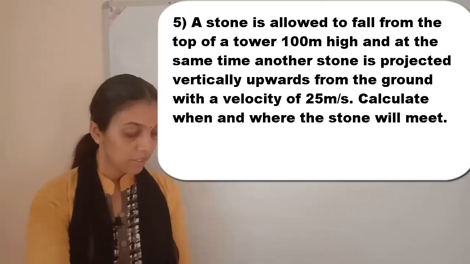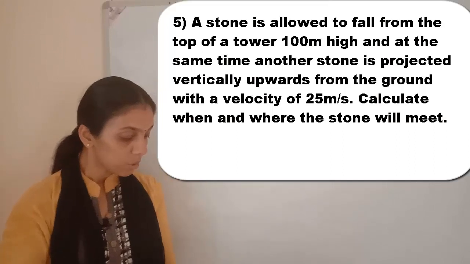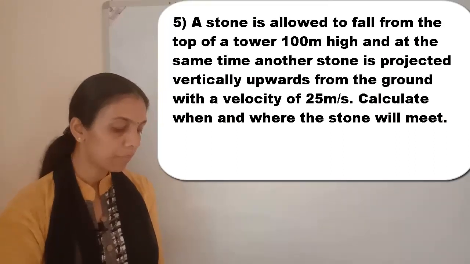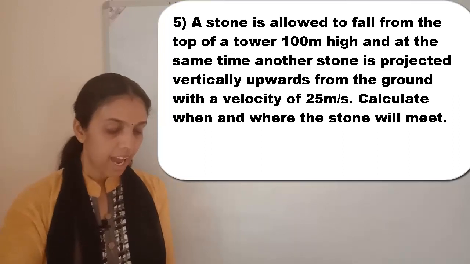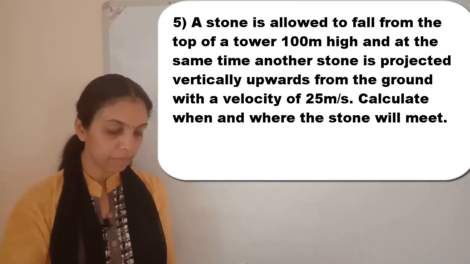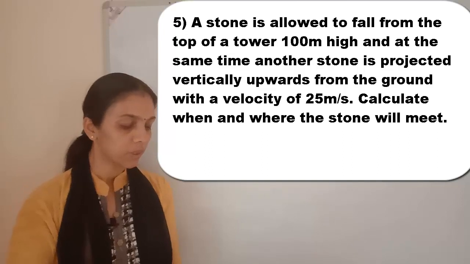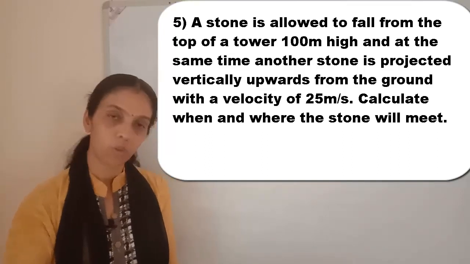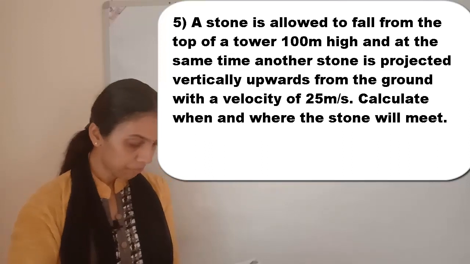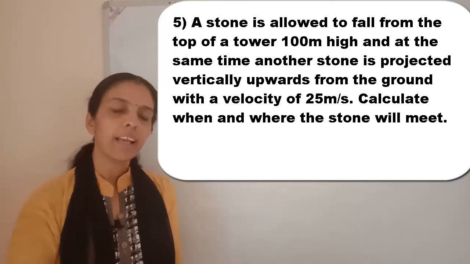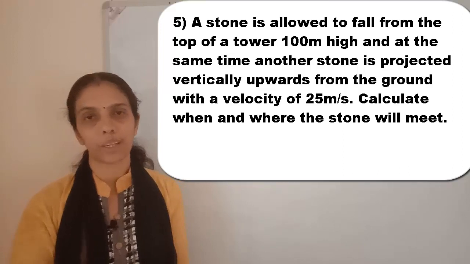Okay, clear? So next question is, a stone is allowed to fall from the top of a tower 100 meter high, and at the same time another stone is projected vertically upwards from the ground with a velocity of 25 meter per second. Calculate when and where the two stones will meet.